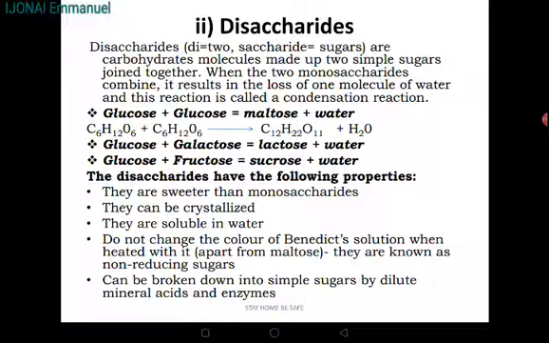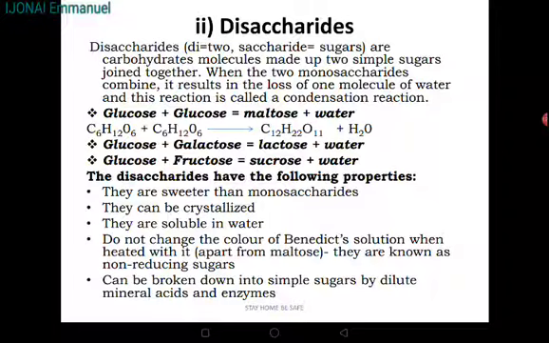So what do you see in the three reactions? You can see that water is formed in all of them. A disaccharide and water. That is what we call a condensation reaction. And then the bond which is formed is called a glycosidic bond.